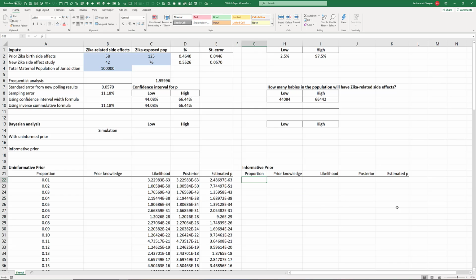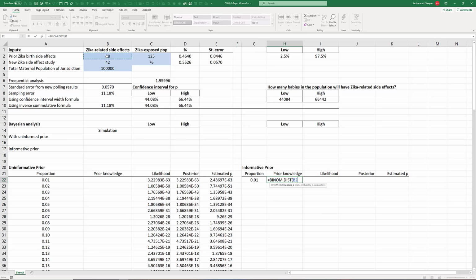Okay, so we have the proportion that's going to be the same as that. Now, prior knowledge is binom dist, right? The number of success, this is for the first study.